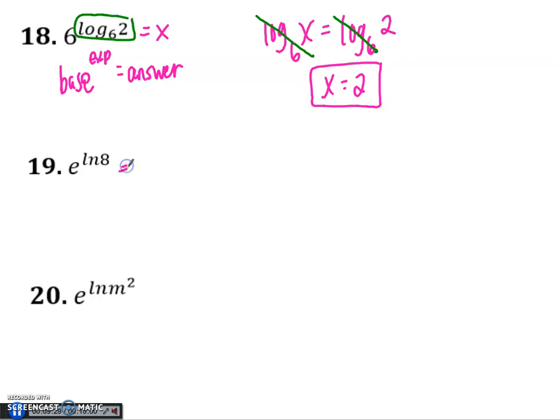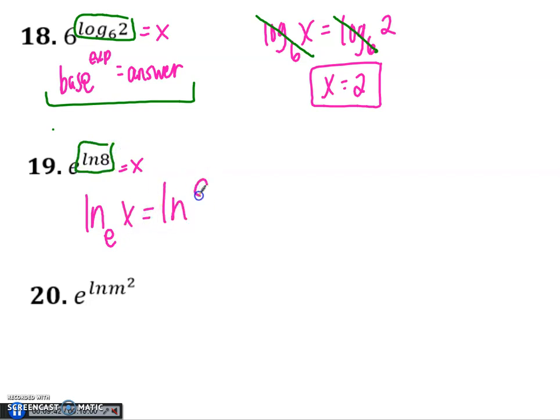Okay. Set that equal to x. Again, we are in exponential form here, so let's change it. Has a base of e, so I need to go natural log. I'm going to write that e down there of x is equal to my entire top. Natural log of 8. Remember, this natural log up top would have an e. It's just not written, so those guys cancel out, and so I say x is equal to 8.